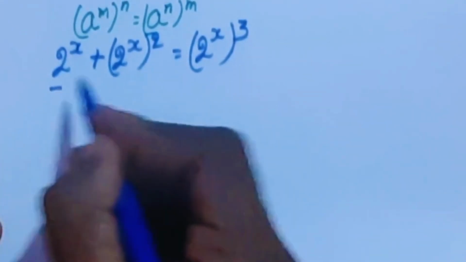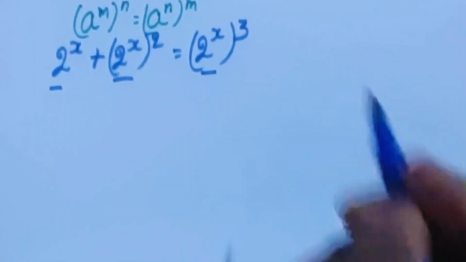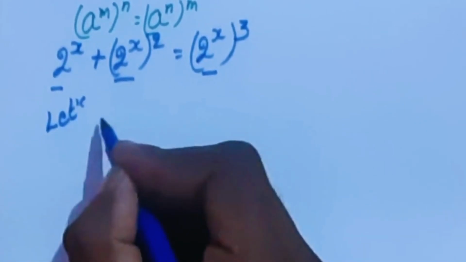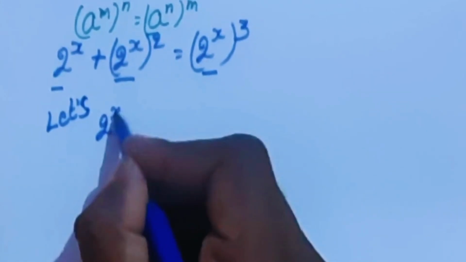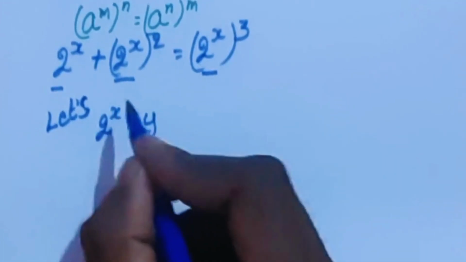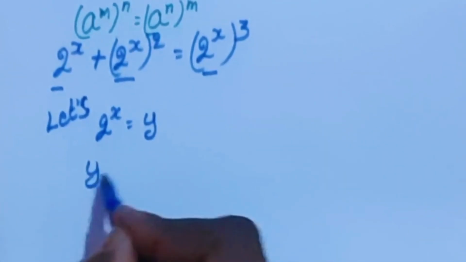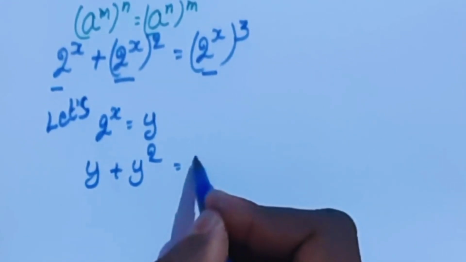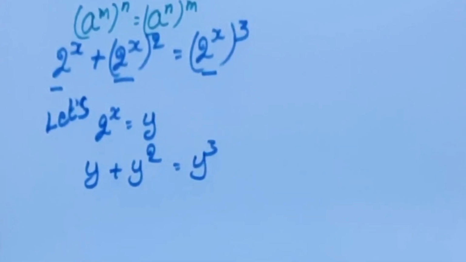Now 2^x, let us assume that 2^x equal to y. Now applying here, y plus y squared equal to y^3.